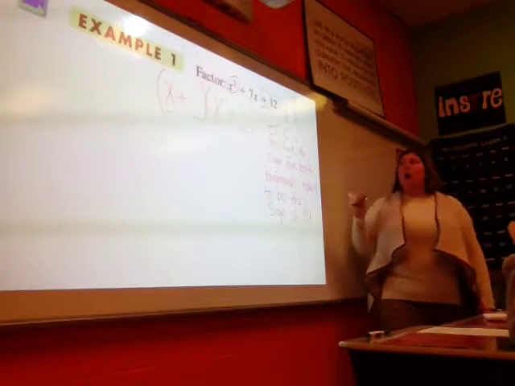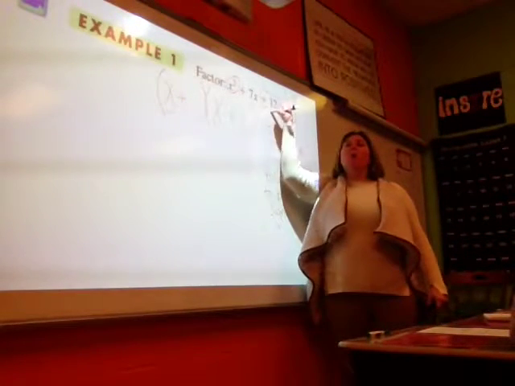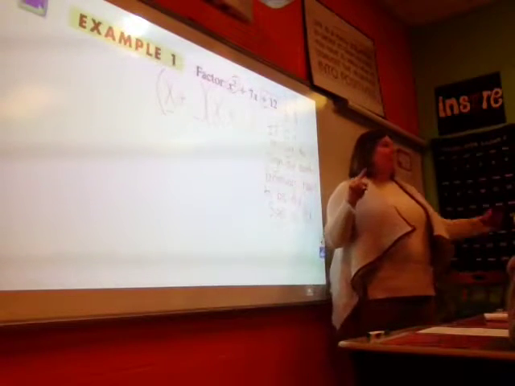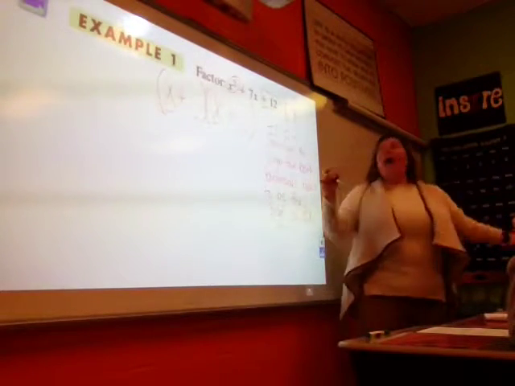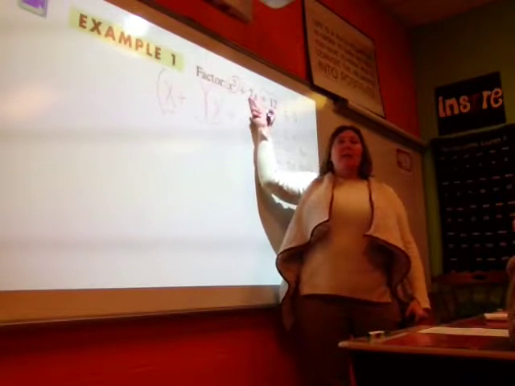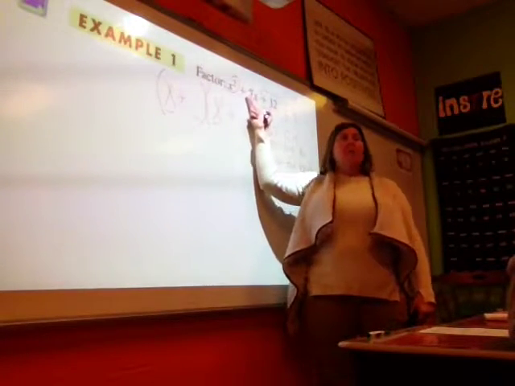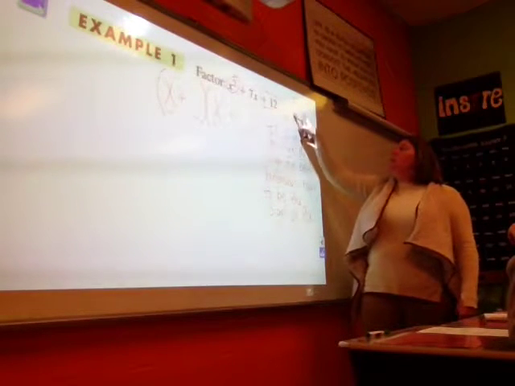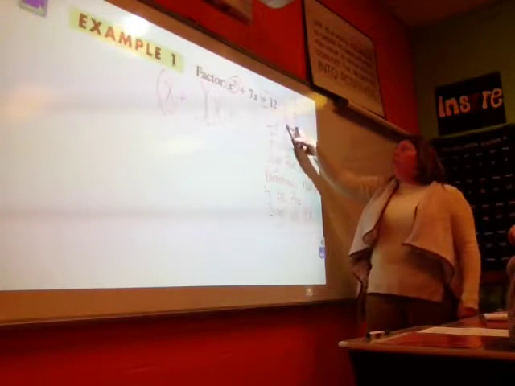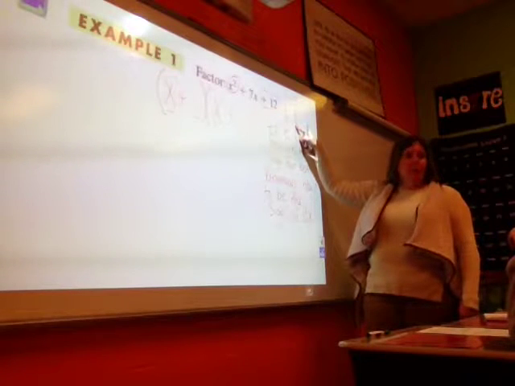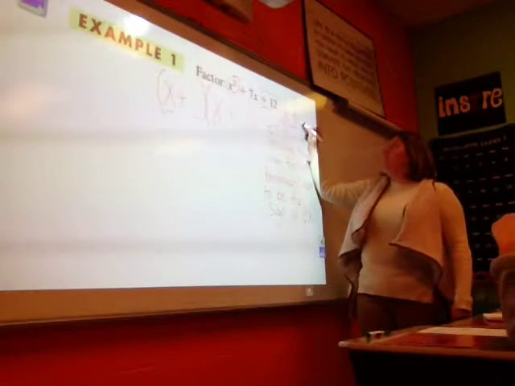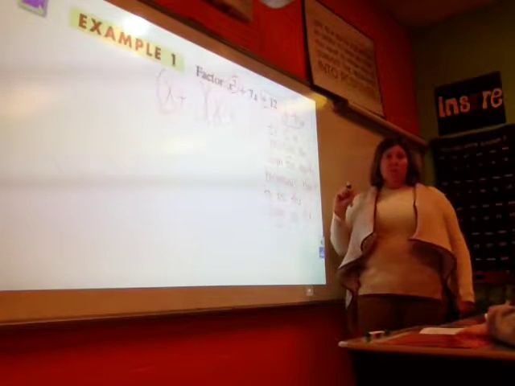The BX. All right. So not only do we have to multiply to get 12, we also have to add to get BX. And BX has to add up to what? 7. Well, 1 and 12 adds up to 13. 2 and 6 adds up to 8, and 3 and 4 add up to 7. So that's the one I know I want to use. Does that make sense?